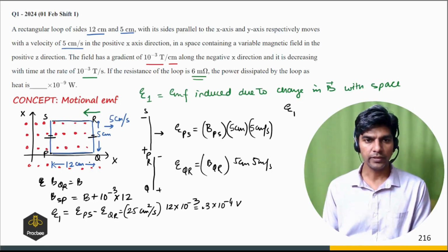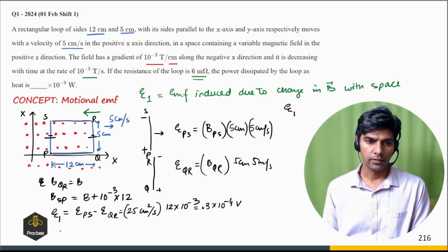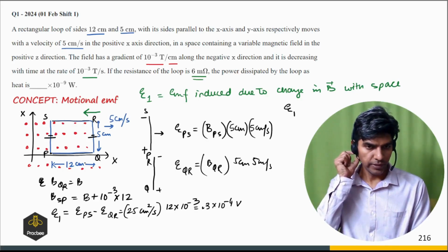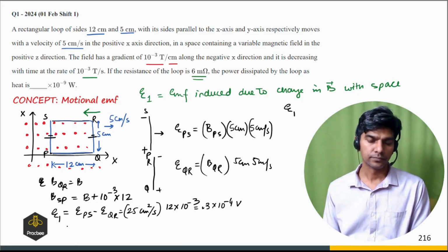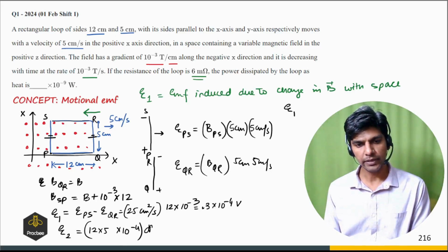If you want to find the EMF induced due to the change in the magnetic field, at a particular time, E2 will be the area, that will be 12 times 5 into 10 raised to minus 4, area times the rate of change of magnetic field, so dB by dt.